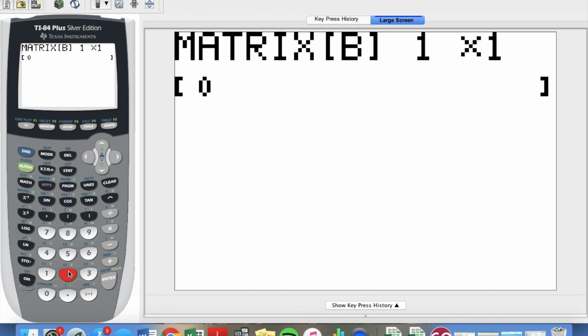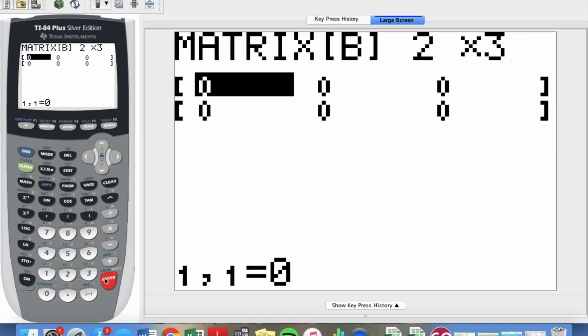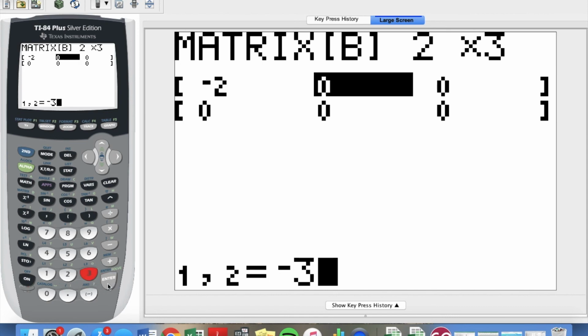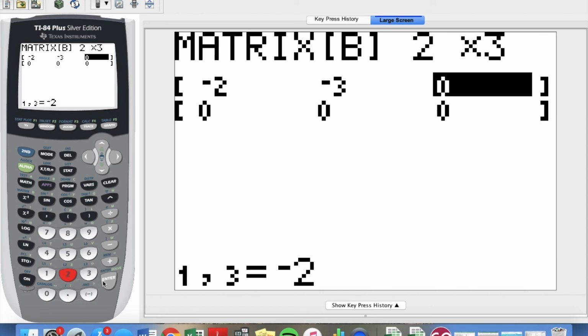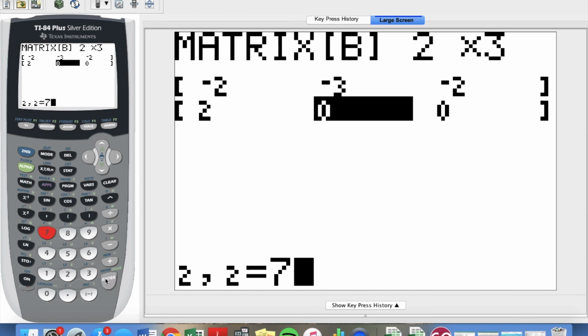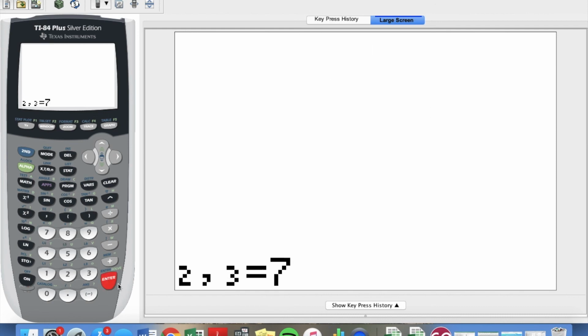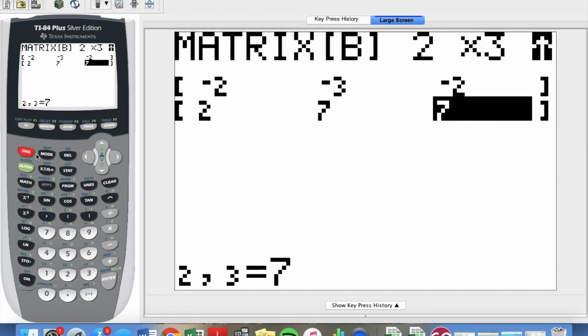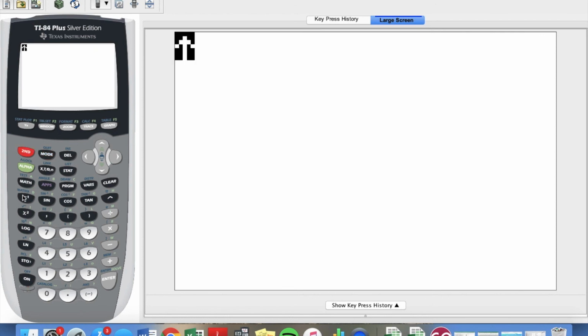And that one was a 2 by 3. And that was negative 2, negative 3, negative 2. And then 2, 7, 7, 2. Enter. And second quit. And then second matrix 1 times second matrix 2. Enter.